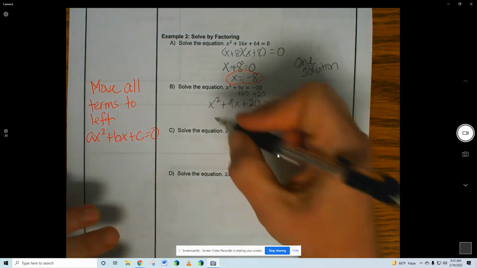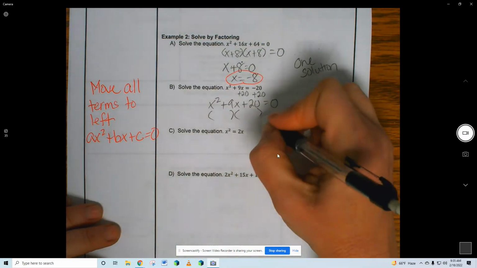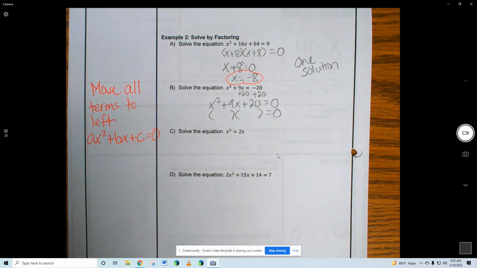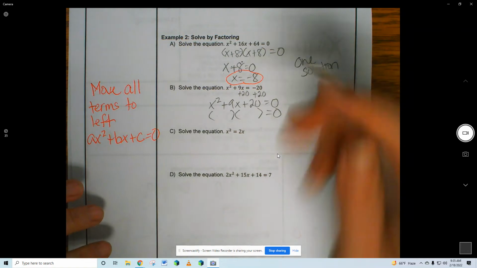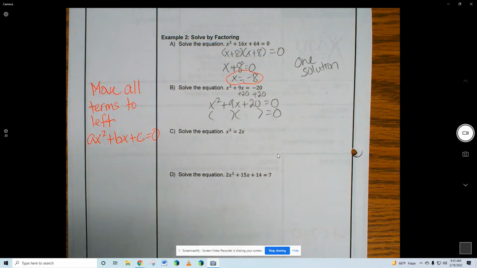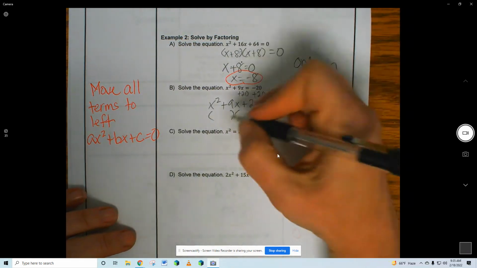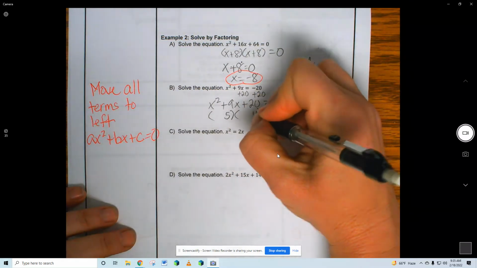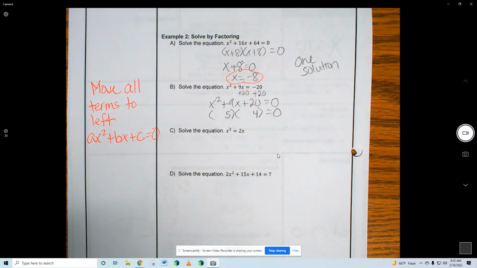What two numbers multiply to make 20 and add up to 9? It's not 10 and 2. It's 5 and 4.